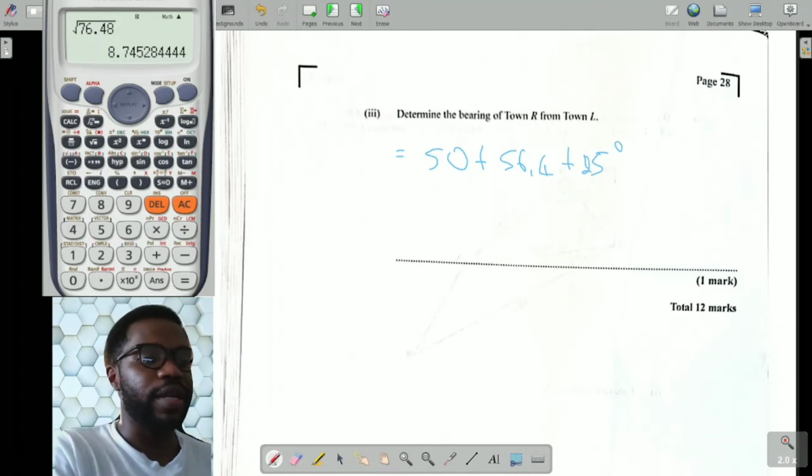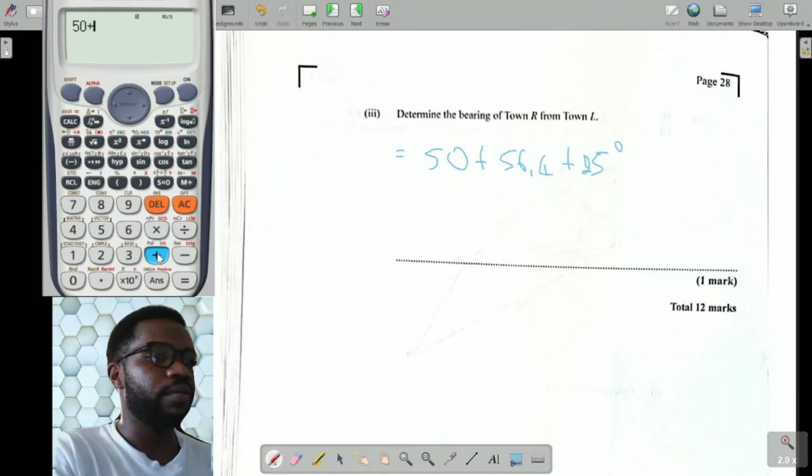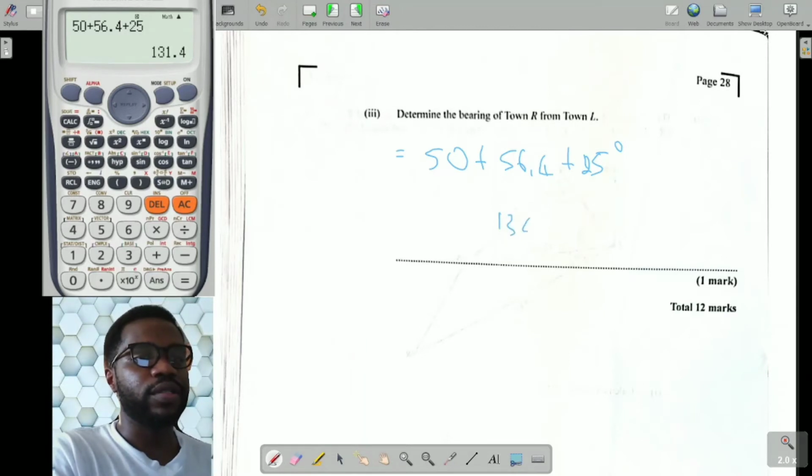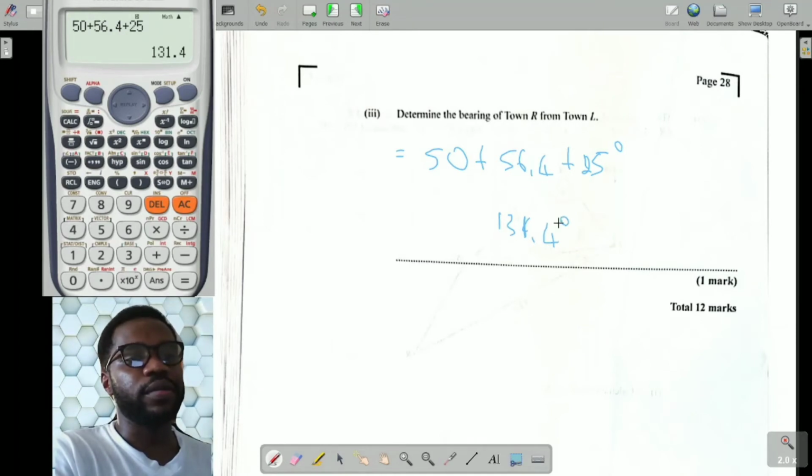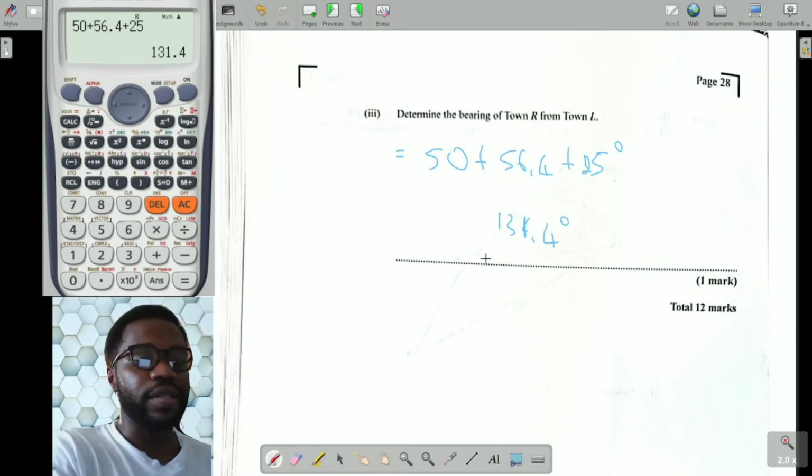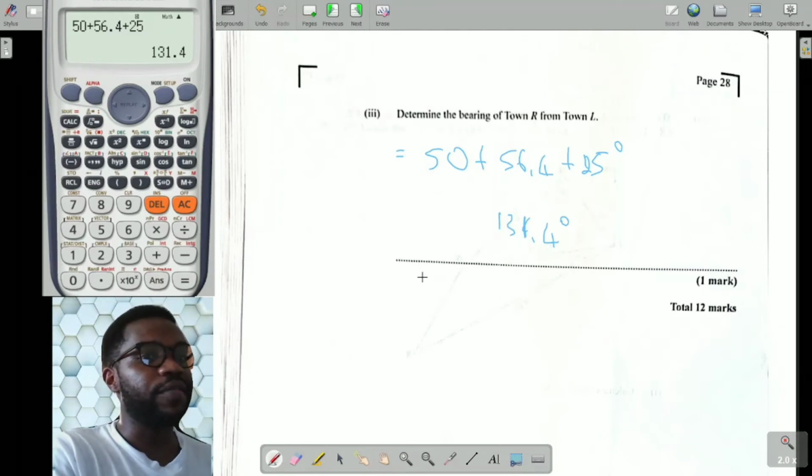Once again, we can put all that inside the calculator. 50 plus 56.4 plus 25. Why do I have 28 there? It should be 25. That's equal to 131.4 degrees. That is the bearing. This turns out to be easy this time because the angles were found going around. And there you have your 12 marks.